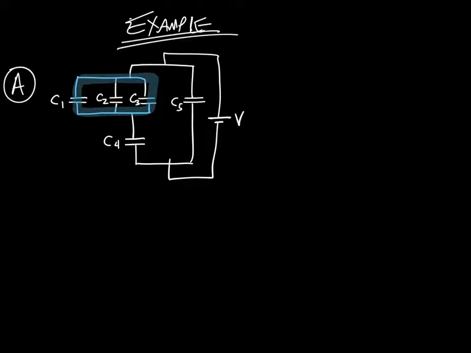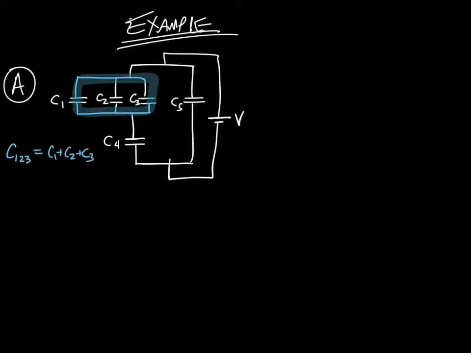But I'm not using network in the same sense as, say, like a computer network. All right? Maybe just network. So I could reduce this here, and so I could say that, you know what, C1, 2, 3, the equivalent capacitance, would just be the sum of C1, C2, and C3.